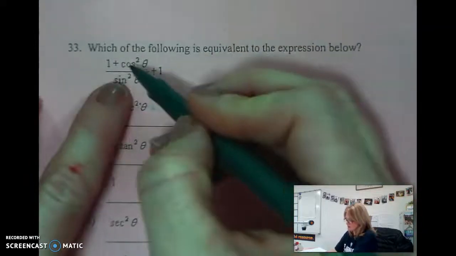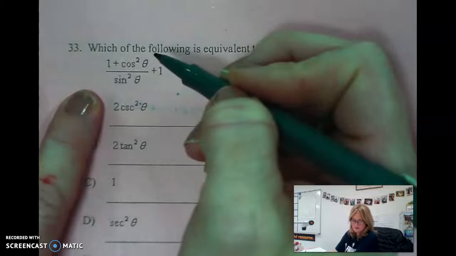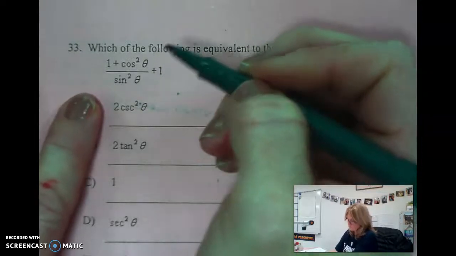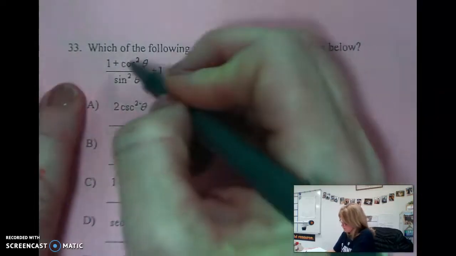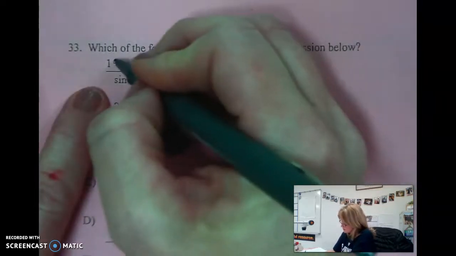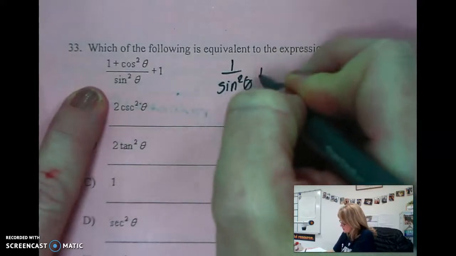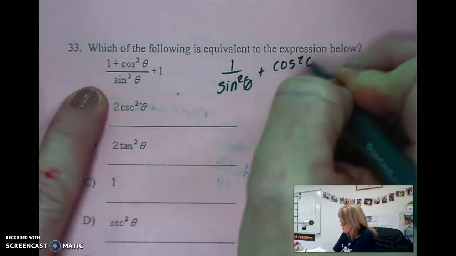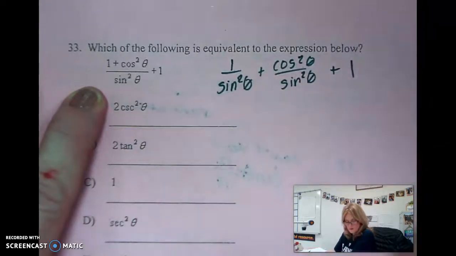Okay, the nice thing about 33 is now I've got a 1, but I've got something squared. So we know that we can replace things if we need to with the squares. Now, because of addition, I can also split this up into 1 over sine theta squared plus cosine of theta squared over sine of theta squared plus 1.